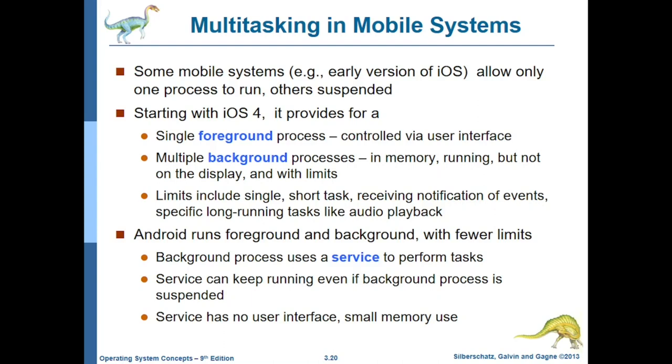In Android, a background process can use a service to perform tasks that do not require user interaction. A service is a component of an application that runs in the background and has low memory usage. A service can keep running even if the background process that started it is suspended by the operating system.